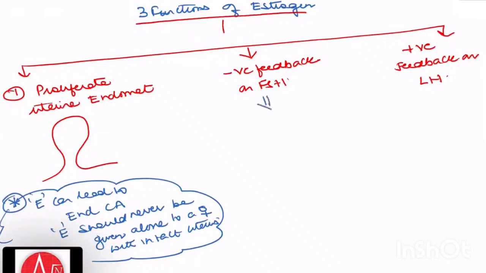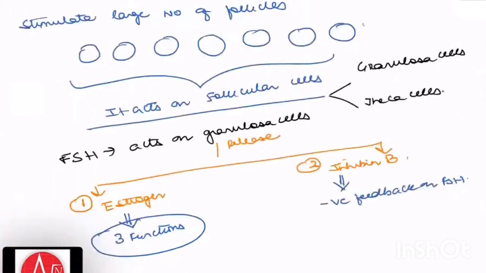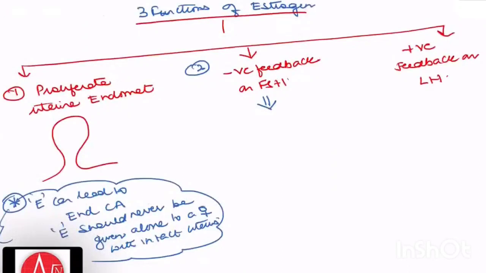Now, application of the second function, that estrogen has a negative feedback on FSH. Just now I was telling you, under the effect of FSH, a number of follicles got stimulated. Now, what is estrogen doing? Estrogen is decreasing FSH.